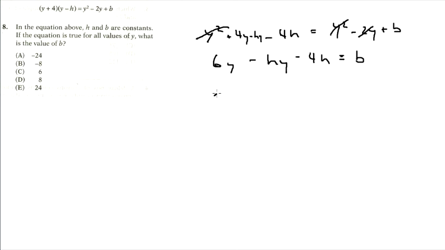So let's take y of 6 minus h equals 4h plus b. It's true for all values of y.